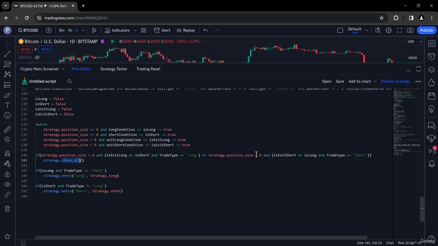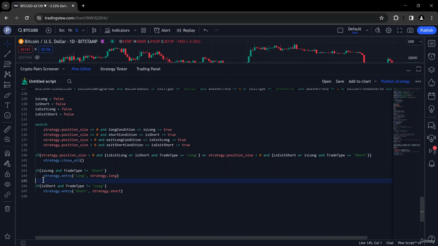Or if current position is short and is exit short is true, or we have a long signal and long signals are not allowed, this is what this condition does. Long signals are not allowed when current trade type is short. And in these two major cases, we close all positions.